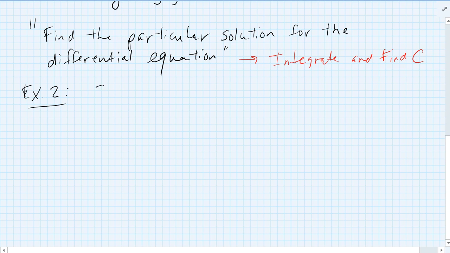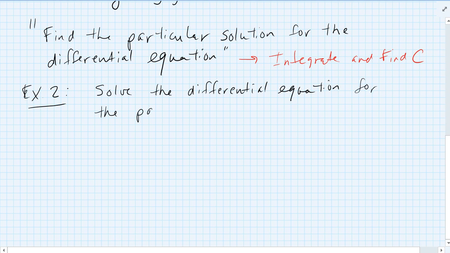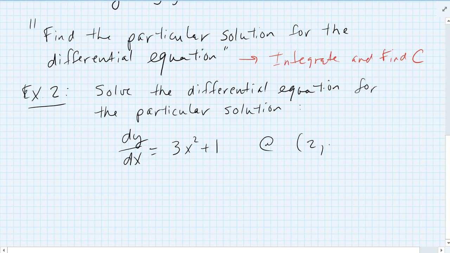You're going to solve the differential equation for the particular solution, and you're going to be given that dy/dx equals 3x squared plus 1, and it's at some point (2, 4).